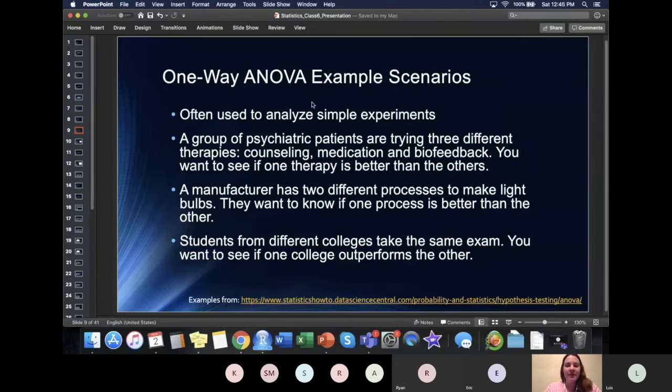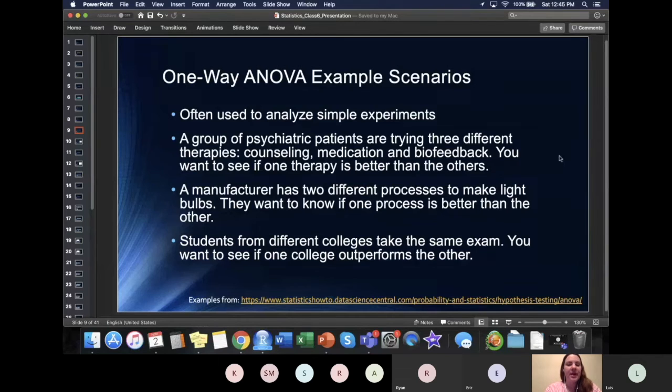So, One-Way ANOVA example scenarios. I have down here a link that I got these examples from. These were not produced by myself. So as I said, they're often used to analyze experiments. This is by far the most common thing that you will see them used for.